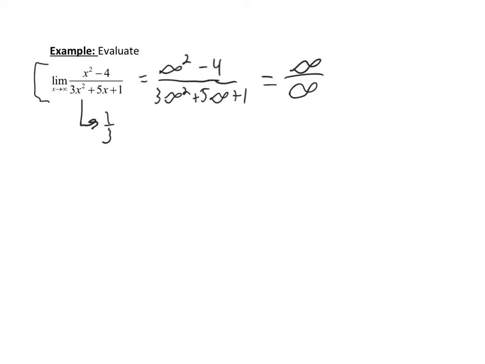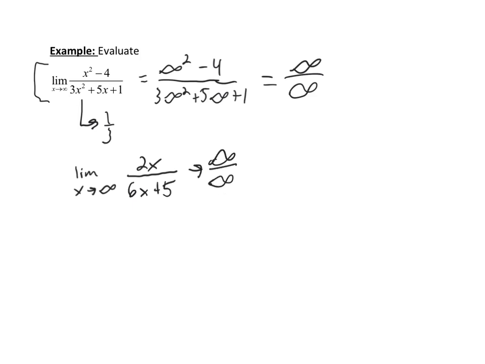Taking the derivative of the top and bottom, we're really doing the limit as x approaches infinity. On the top, we'd get 2x. On the bottom, we would get 6x plus 5. You're thinking, well, if I plug in infinity, I would still get infinity over infinity.